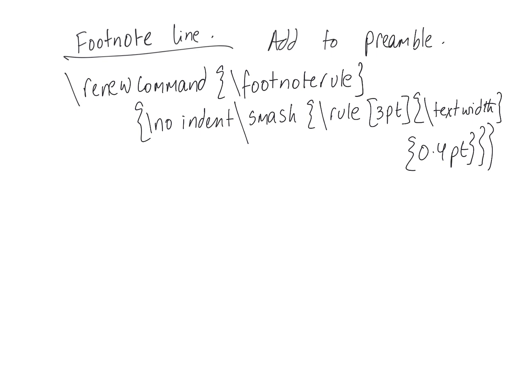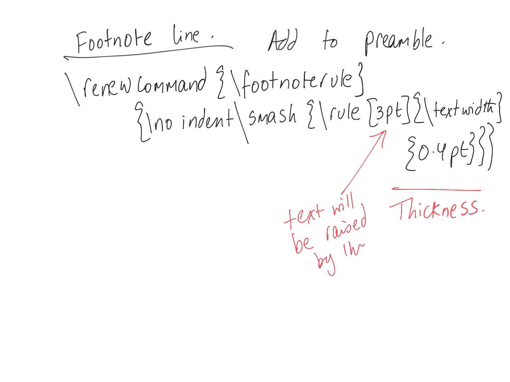Now you'll see that when you put 0.4pt, this is the thickness of the line. And this 3pt will be what the text will be raised by, this space.